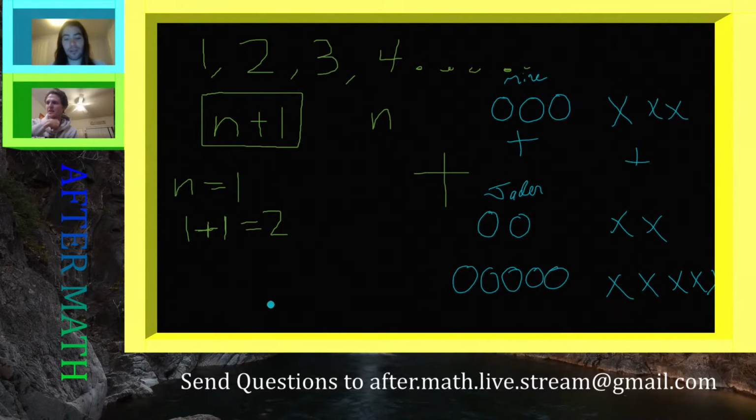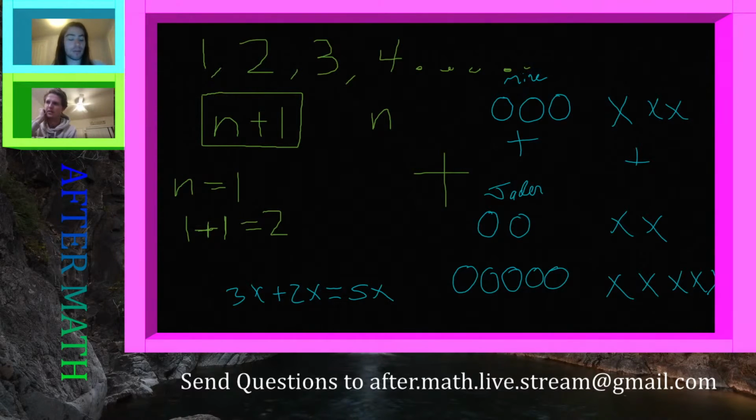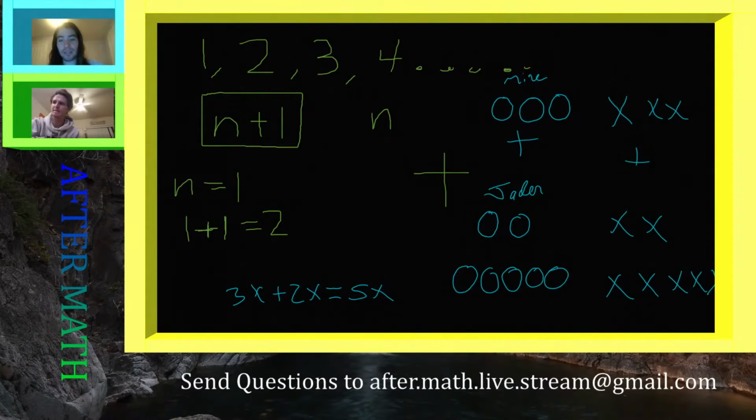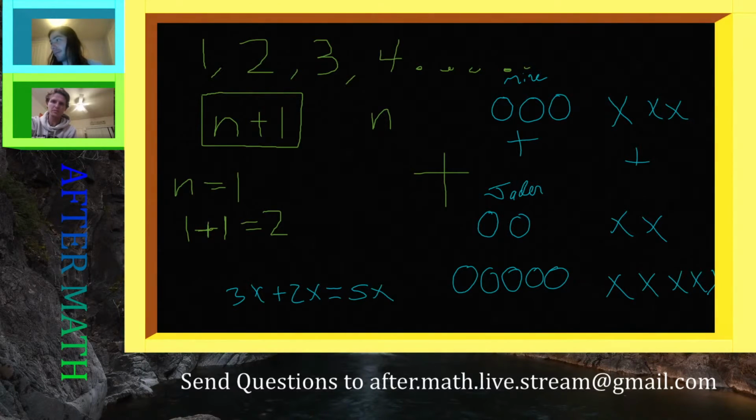And so that could also be written mathematically as 3x plus 2x equals 5x. I mean, that's kind of a jump but it's the same idea, right? It's this idea that your x in algebra represents something. It represents some number, something, and you're trying to figure out how many of those you have. Awesome.